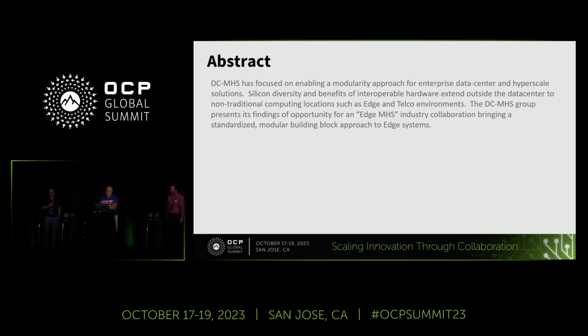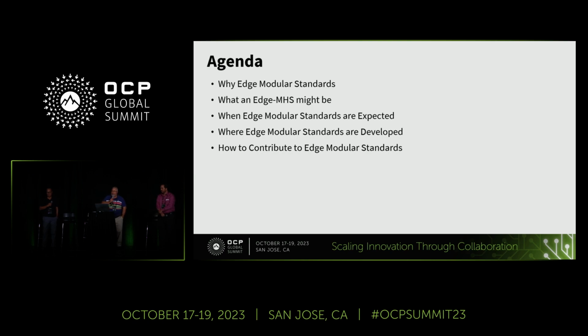Sounds good, thanks. As we start, the agenda today is going to be the who, what, when, where, and how. We're going to talk about why Edge modular standards may make sense, and what an Edge-MHS might be. Keep in mind, we're in our infancy of exploring this. We've been looking at it for some time, but we still believe there's a lot of work to be done to get through the challenges we're seeing.